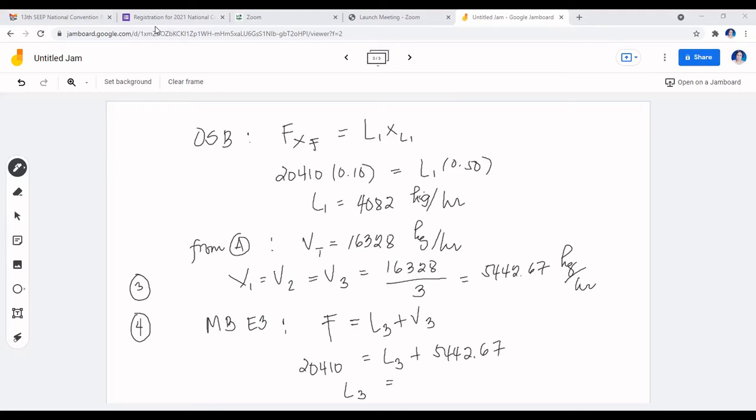L3 is 14,967.33, in kilogram per hour. So I think you know what to do for material balance on effect 2.